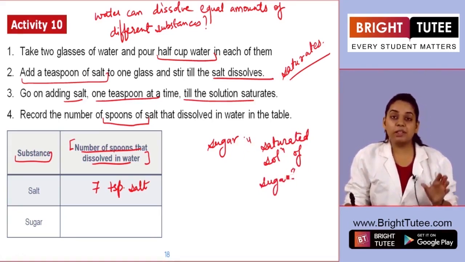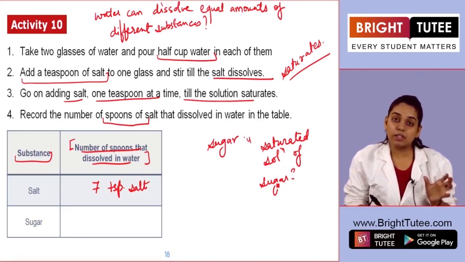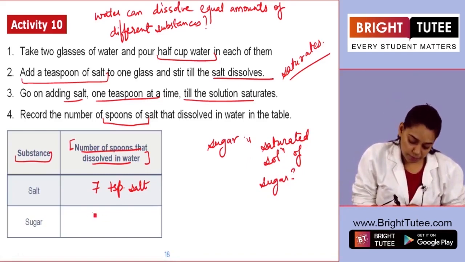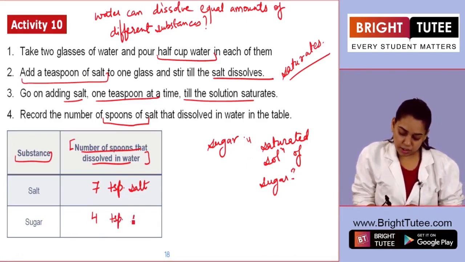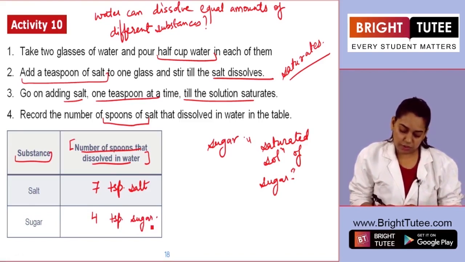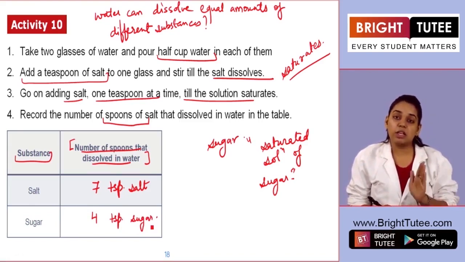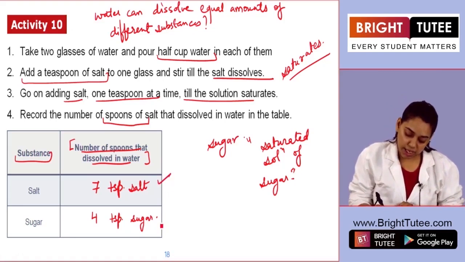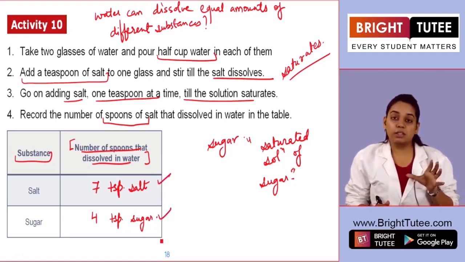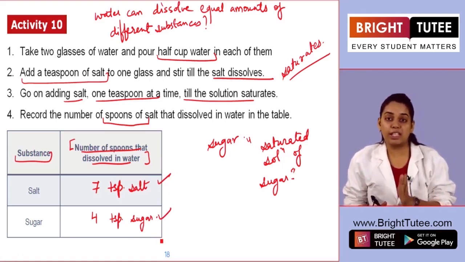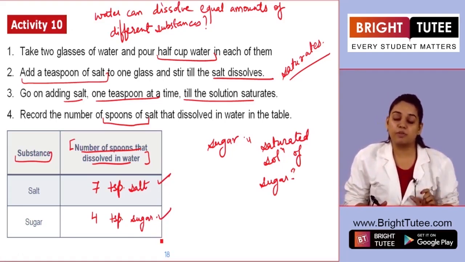Because there is a limited amount that water can dissolve. Say you were able to dissolve 4 teaspoons of sugar. So you can observe the difference: the same amount of water can dissolve different amounts of substances. It's not that you will be able to dissolve 7 teaspoons of sugar and 7 teaspoons of salt in the same amount of water.